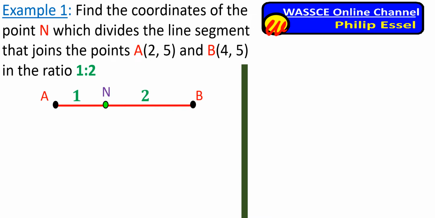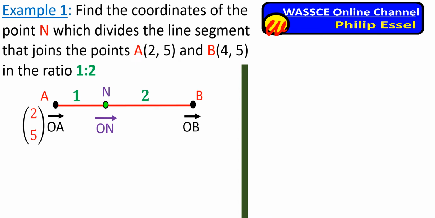Now I believe we know that the position vector of the point A is the vector OA. The position vector of the point N is the vector ON, and the position vector of the point B is the vector OB. Also, if the point A is (2, 5), its position vector will be (2, 5).